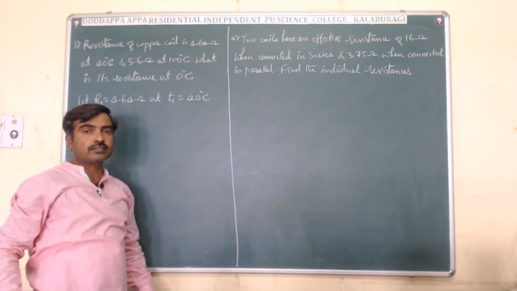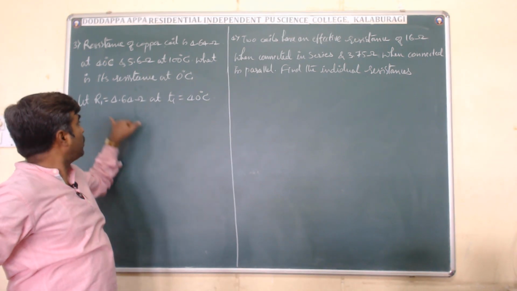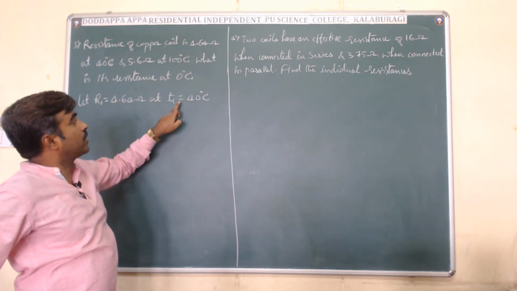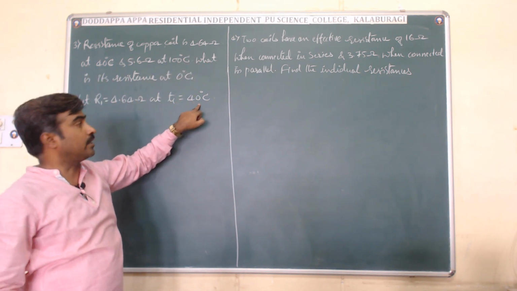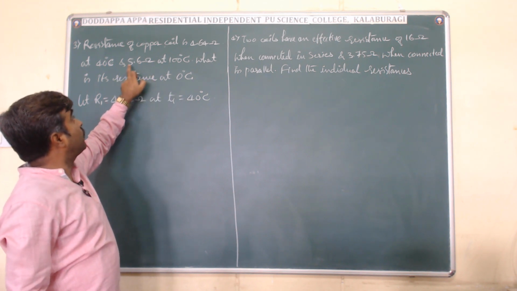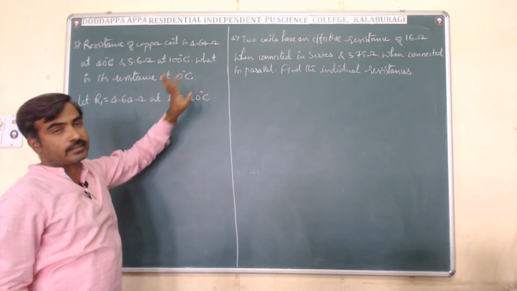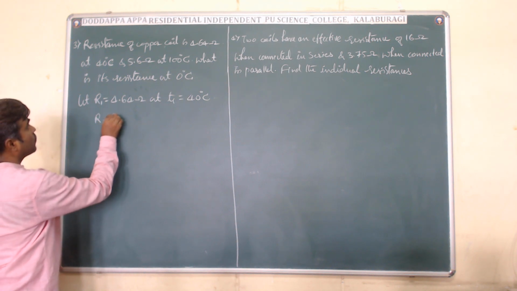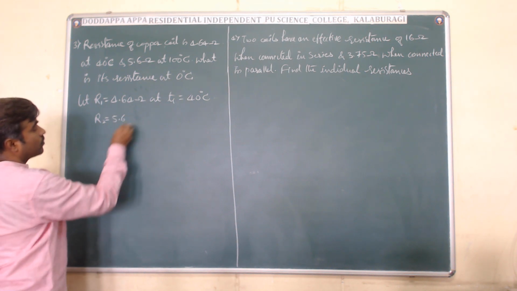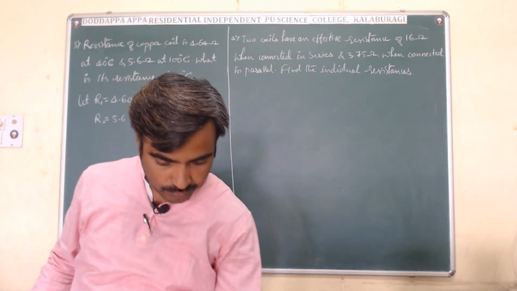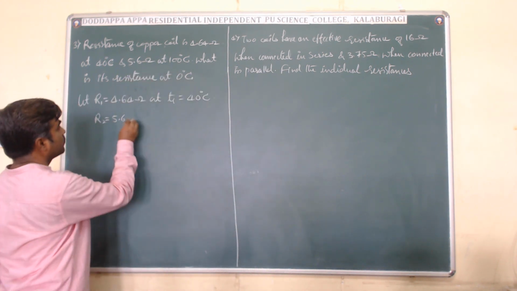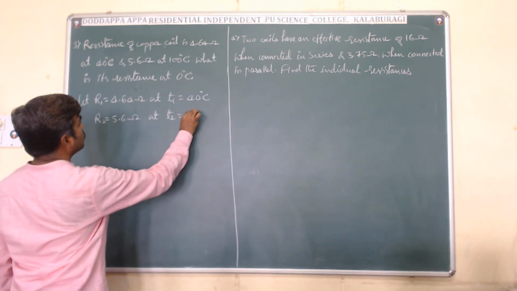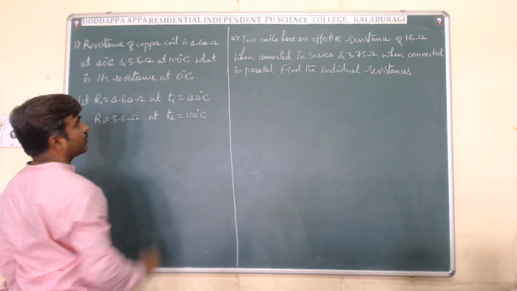So, initial resistance and initial temperature, that is what I have taken as R1 equal to 4.64 ohms and corresponding temperature T1 as 40 degrees centigrade. Now, and 5.6 ohms at 100 degrees centigrade. The next resistance is 5.6 ohms at T2 equal to 100 degrees centigrade.